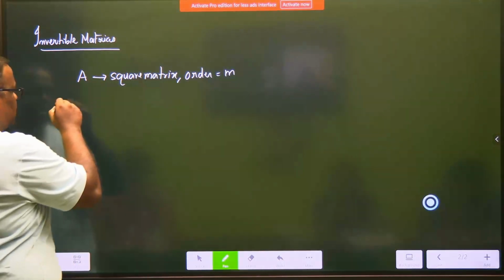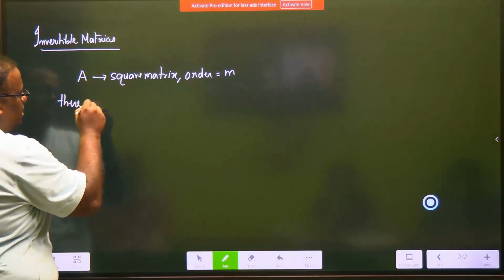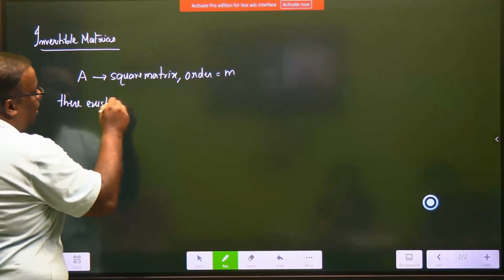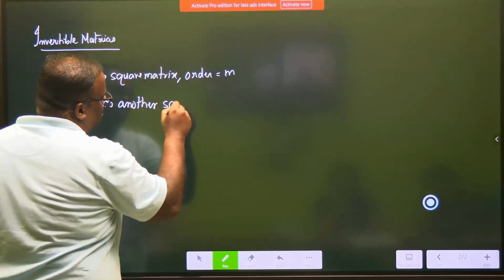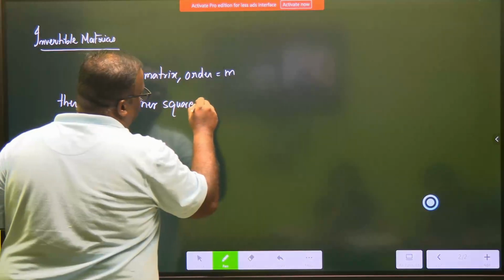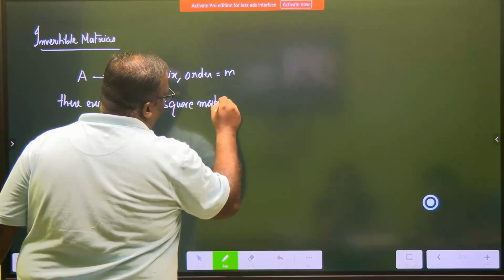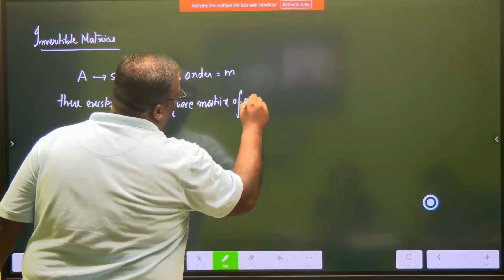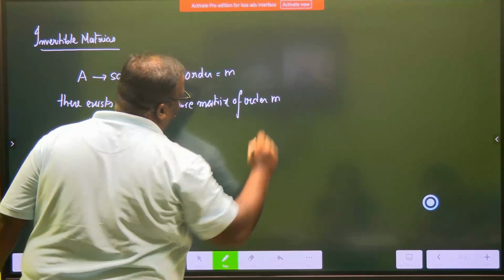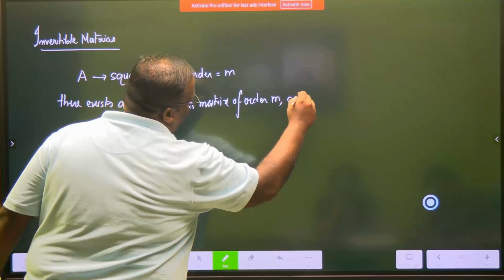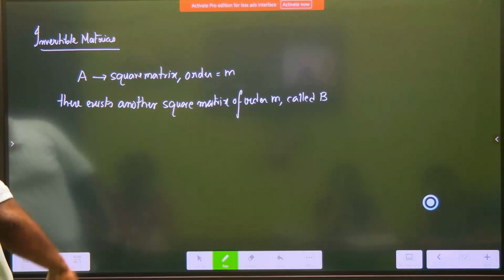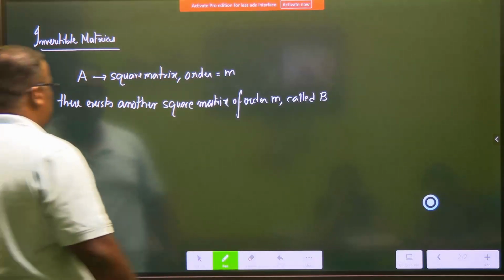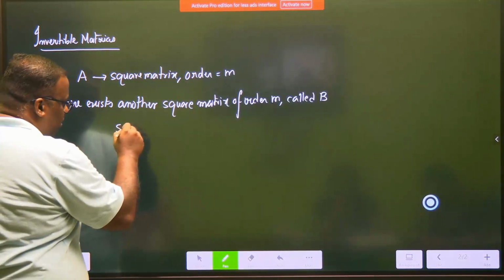There exists another square matrix of order m called B.